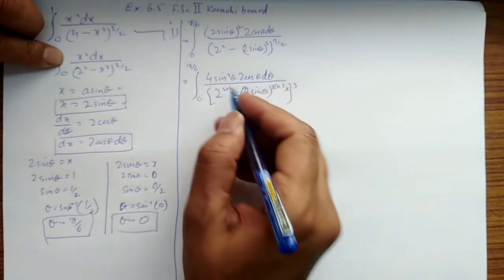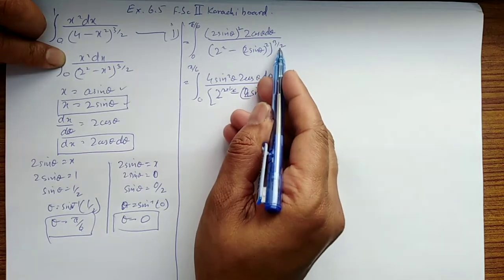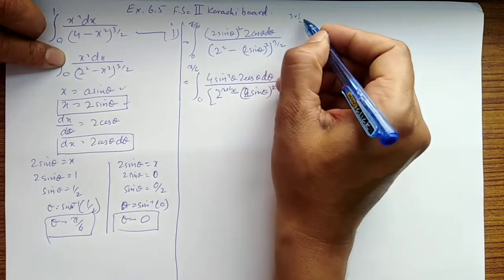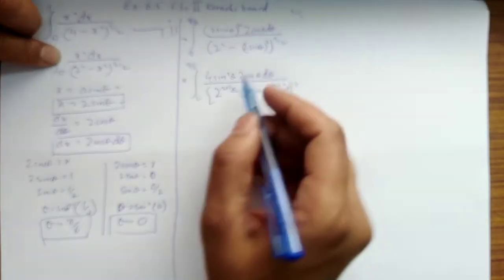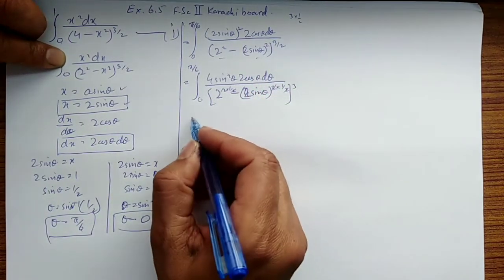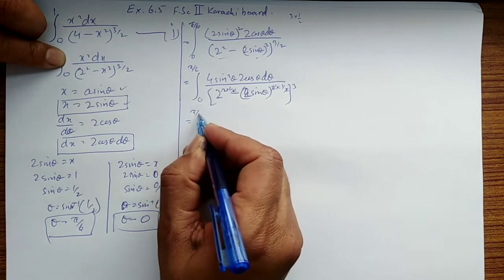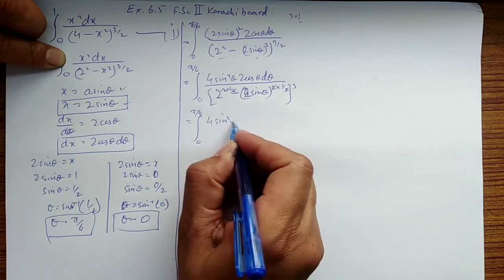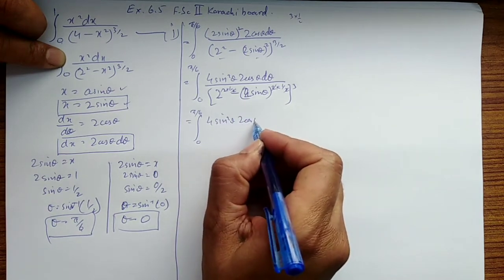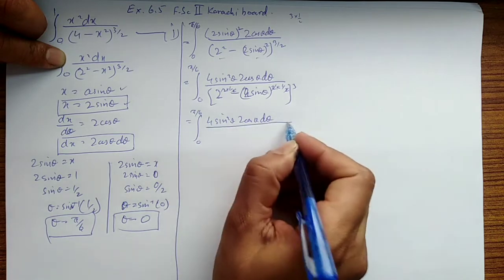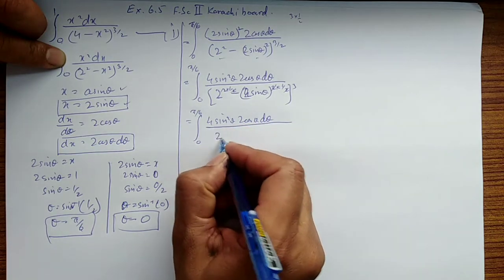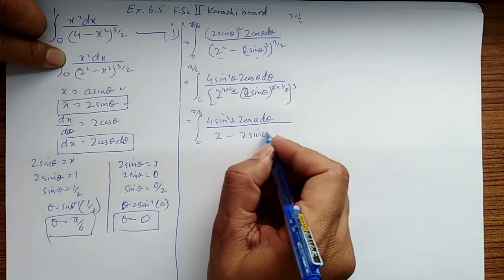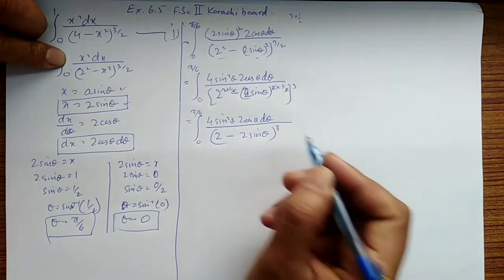So 2 and 2 cancel out. Further, pi upon 6, 0, 4 sine square theta 2 cos theta d theta, whole divided by 2 minus 2 sine theta whole power 3.